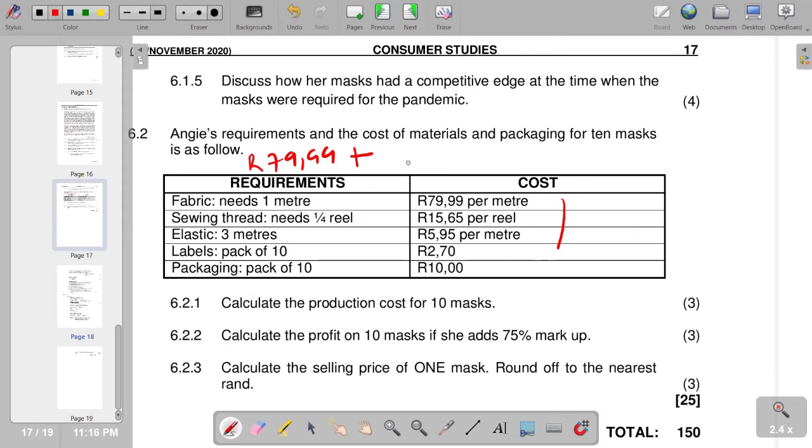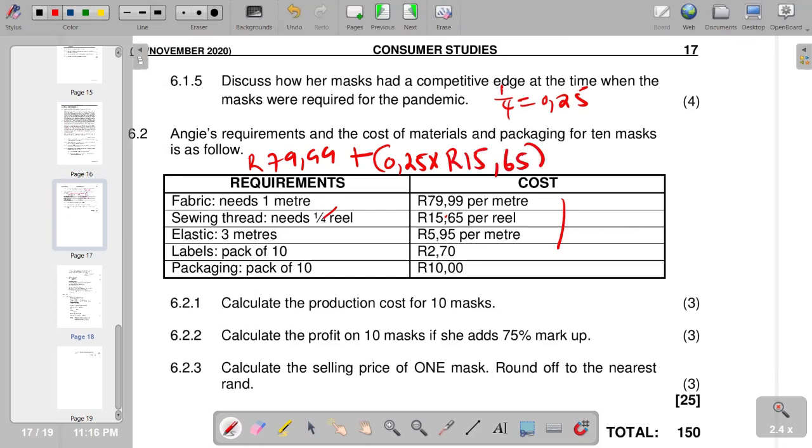If you change a quarter to a decimal, it becomes 0.25. So in brackets, you can just say 0.25 times the 15 rand 65 cents, because it's a quarter of this.